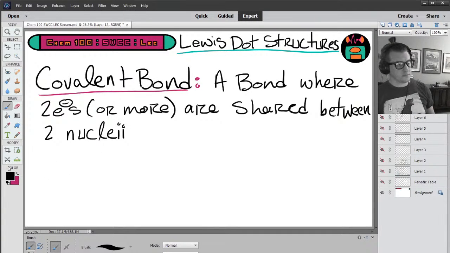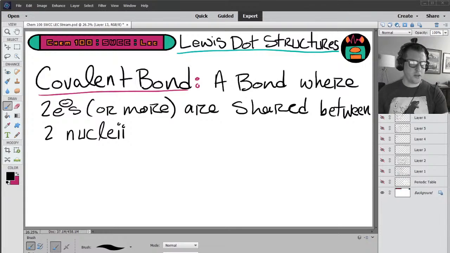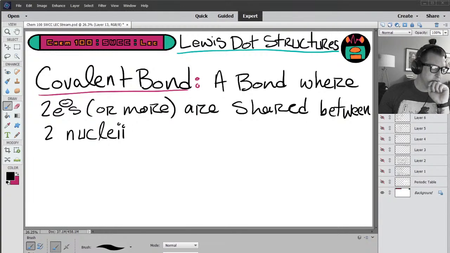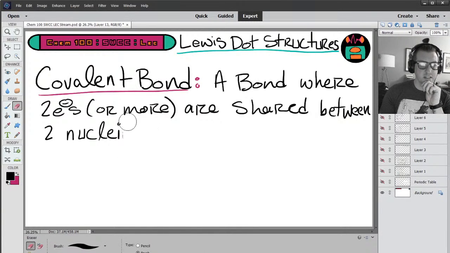It is a bond where two electrons or more are shared between two nuclei. And to be honest, I don't know why I put two I's at the end of this thing. Probably because I'm a bad speller.